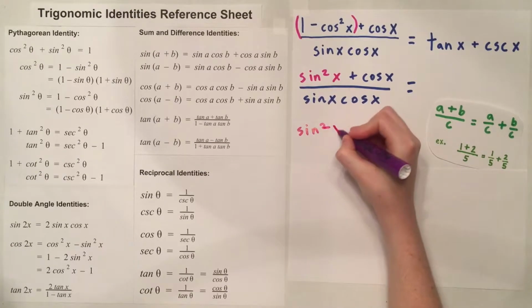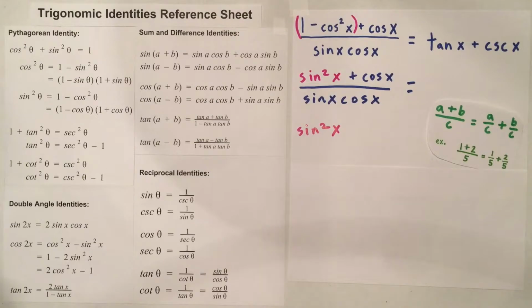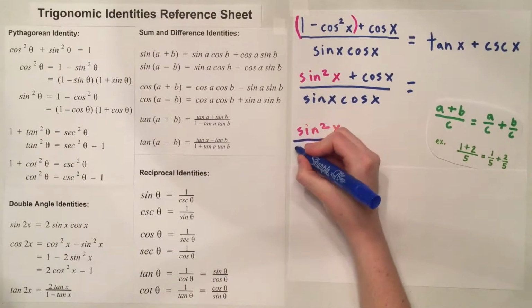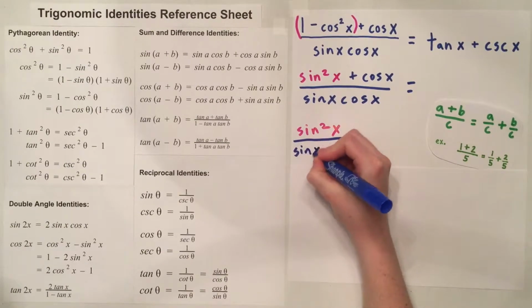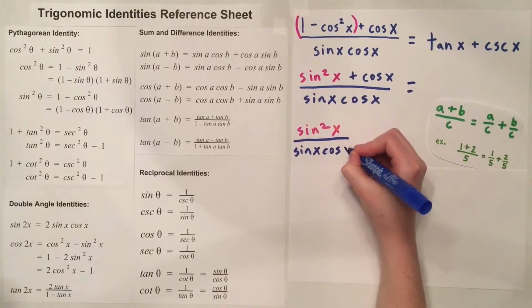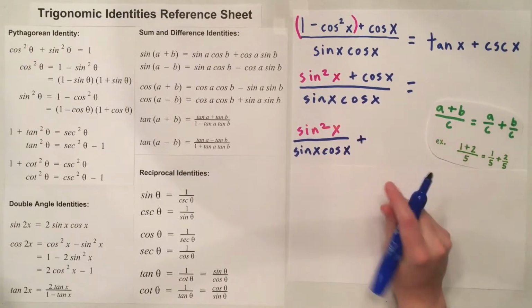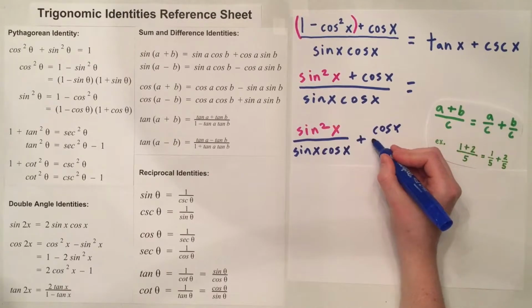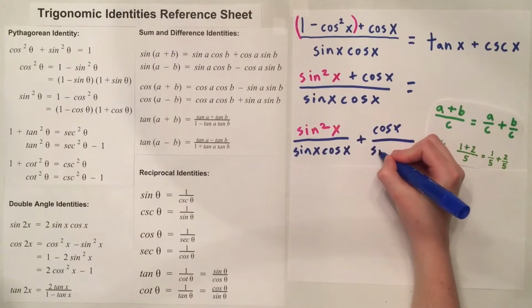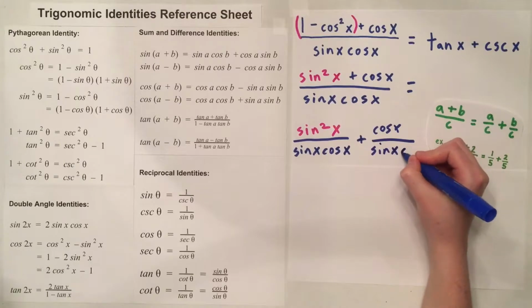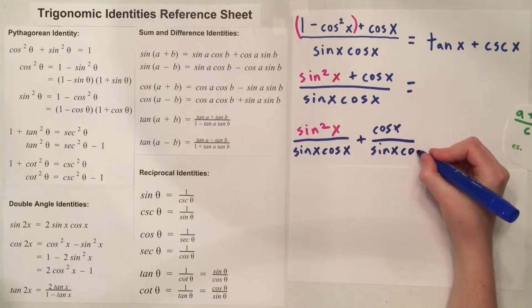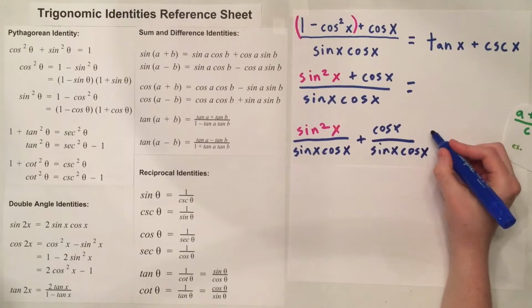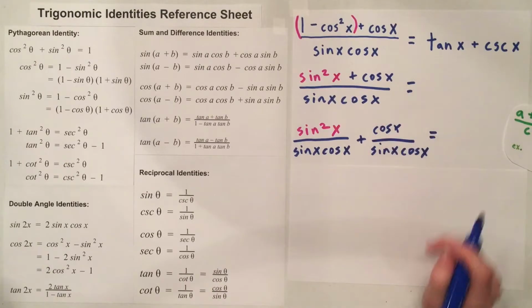Sine squared x over our denominator, sine x cosine x, plus our cosine x over the denominator, sine x cosine x, will equal that.